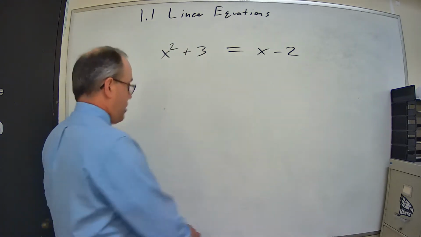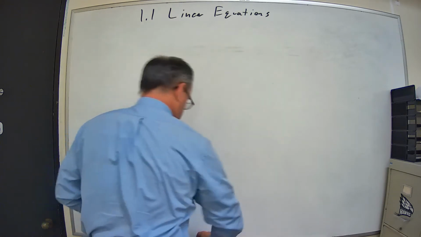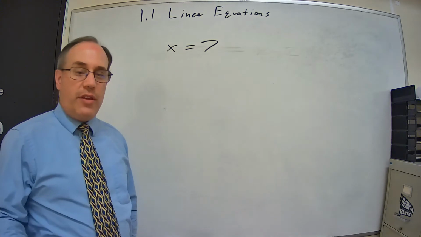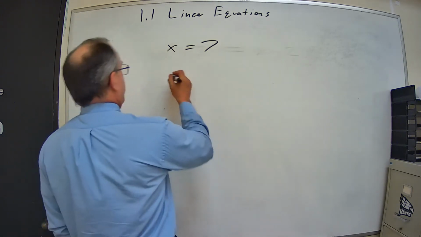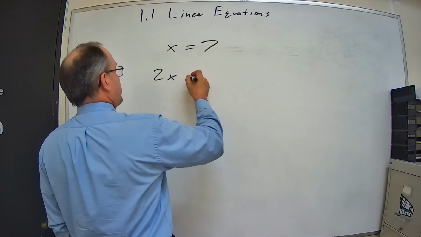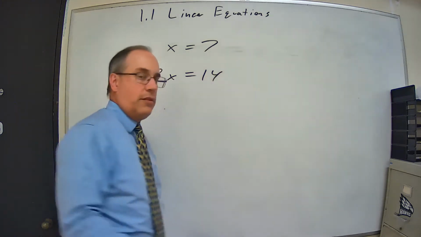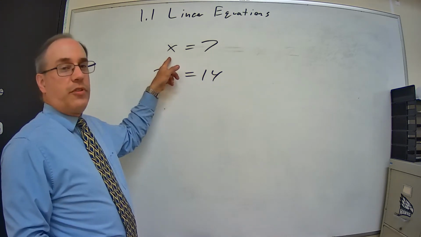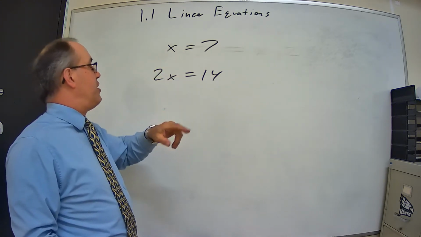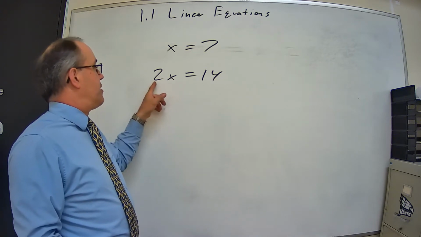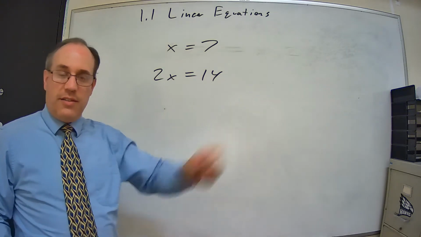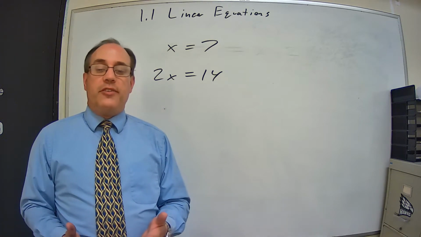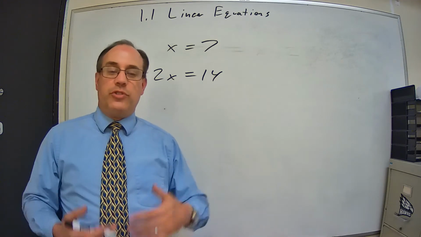Such as, x equal to 7 is equivalent to 2x equal to 14. Because if you make x be 7, then 7 is equal to 7. If you make x be equal to 7, then 2 times 7 is 14, is equal to 14. So equivalent equations are those that share the same solution set.